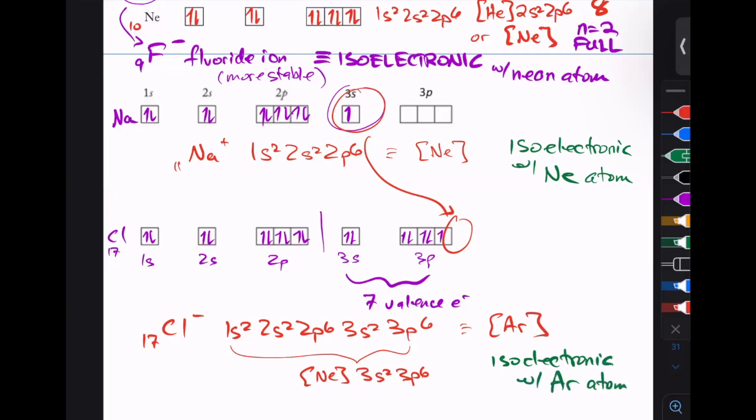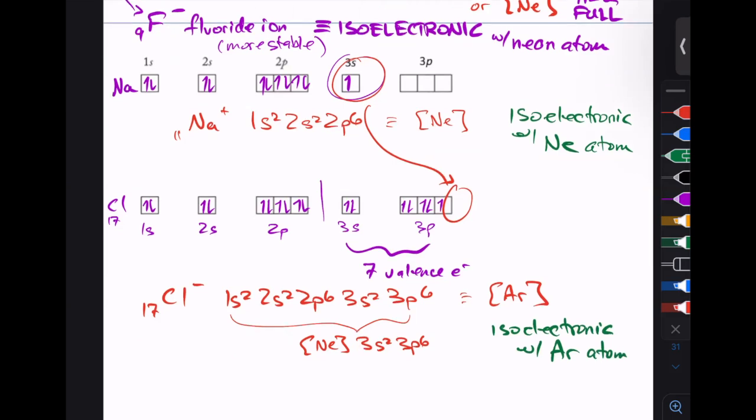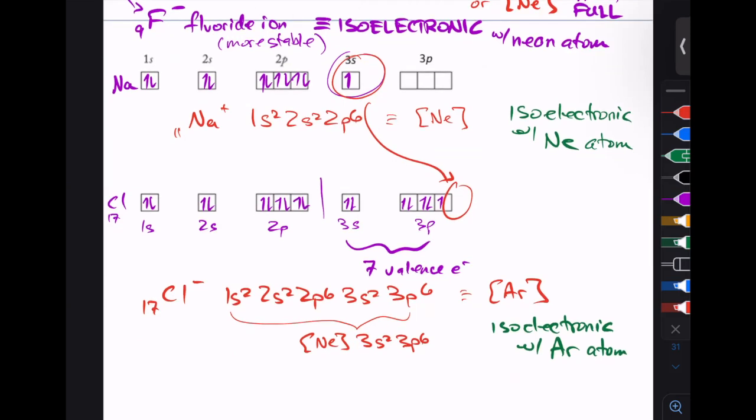It's going to be its nearest noble gas. So this idea of being isoelectronic helps us understand why things would gain or lose electrons. So fluorine, chlorine, they're both going to gain only one electron if they can. Same would be true for bromine and iodine. Sodium, if it can, it will lose just one, just like lithium would, or potassium, right? We're going to see that periodicity over and over again.